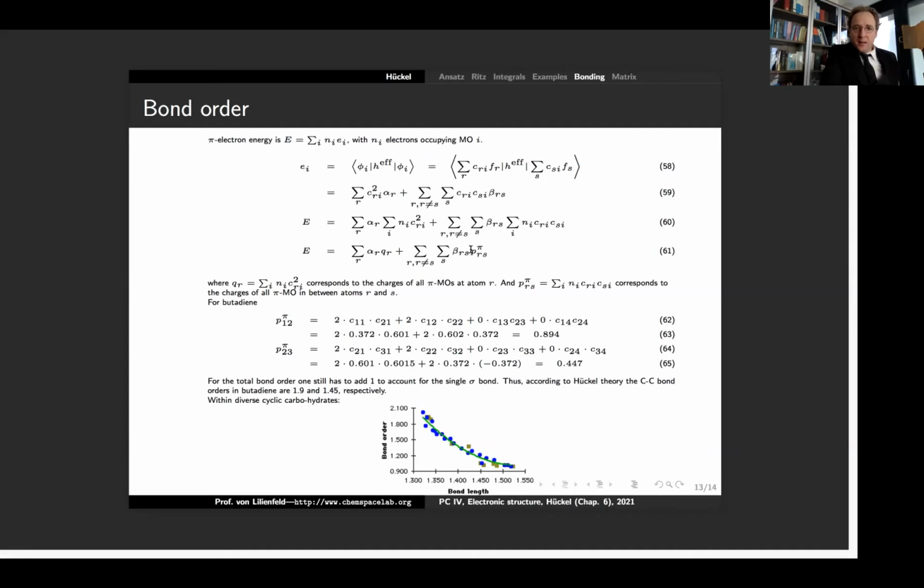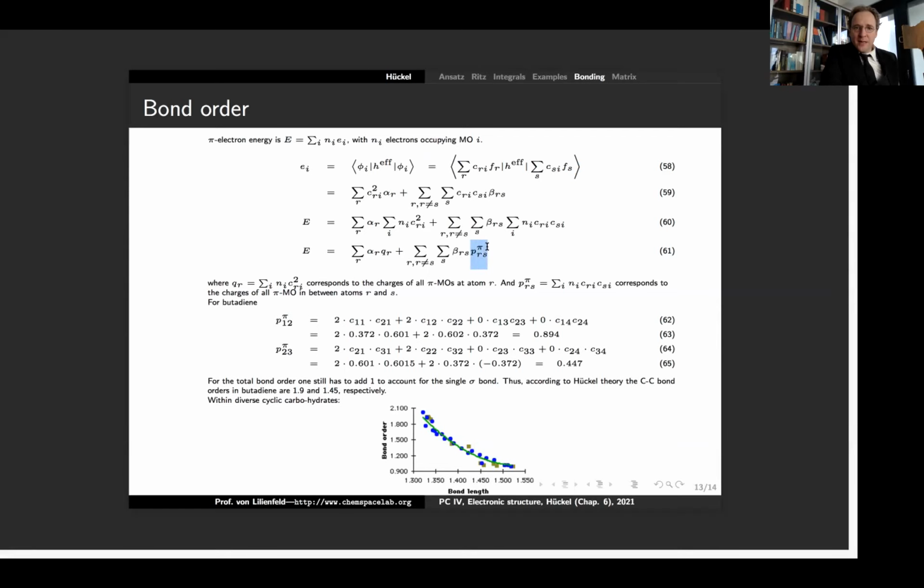So you mean equation 61? What you did between 62 and 65, you put in the coefficients. I'm not sure what's the connection between the coefficient and the charge.